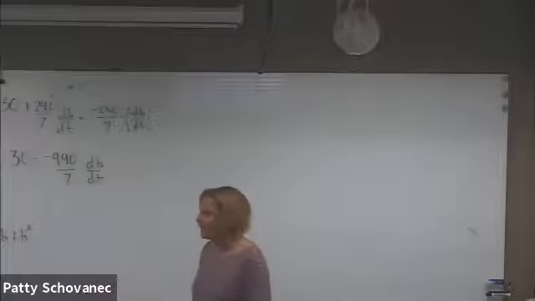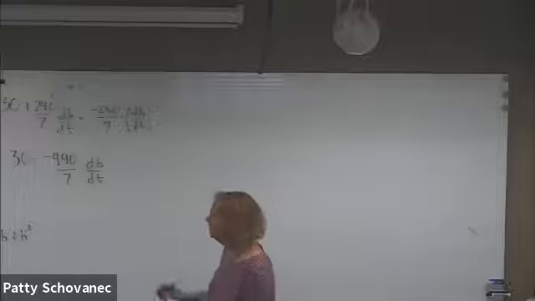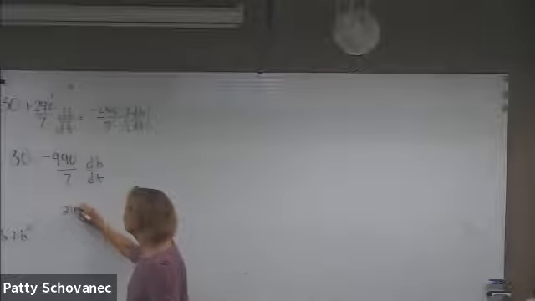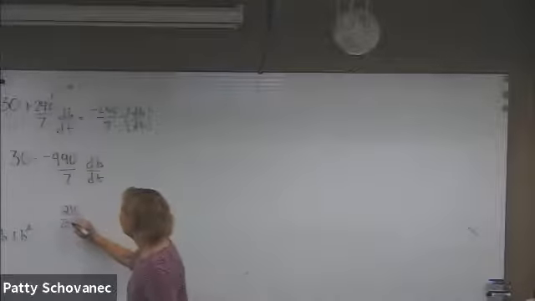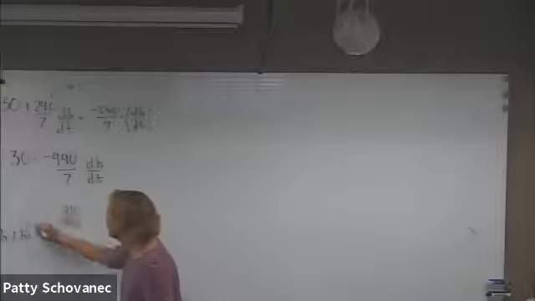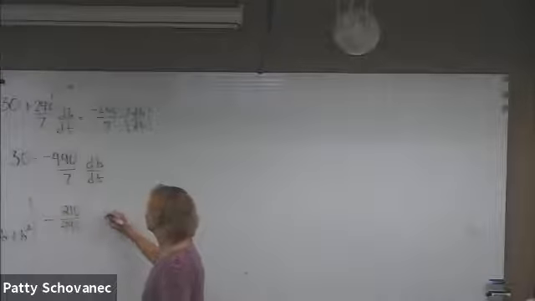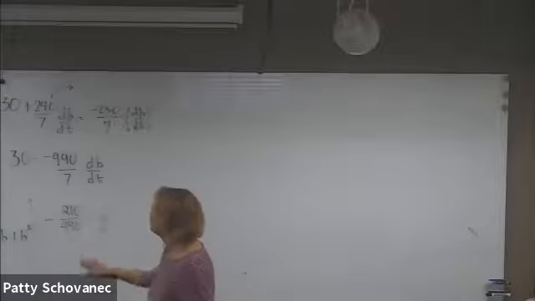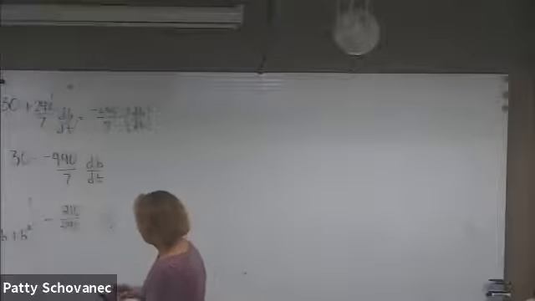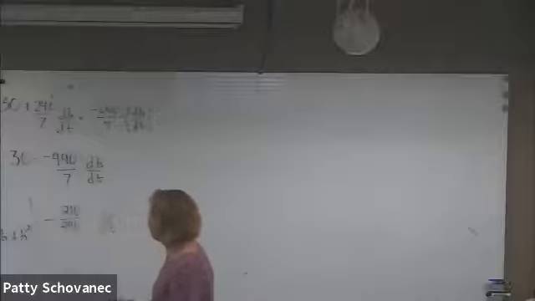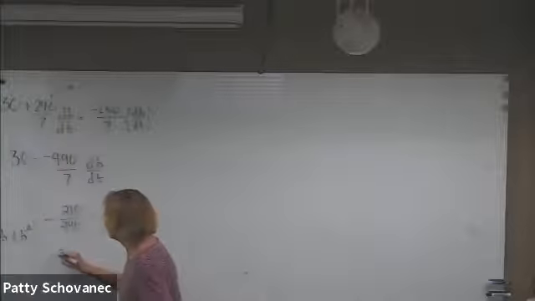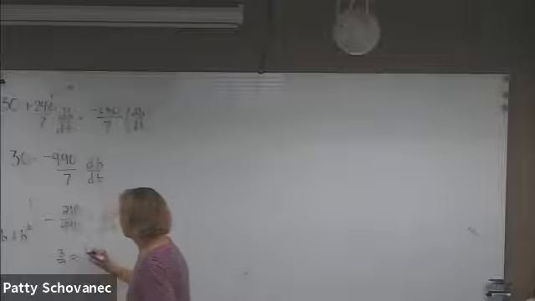So when we divide by that, we can flip and multiply. So 30 times 7 is 210 divided by 490, and the whole shebang is negative. 3 times 7, you make it 210. Zeros cancel. 49 and 21 are divisible by 7. So negative 3/7 is dB dt.